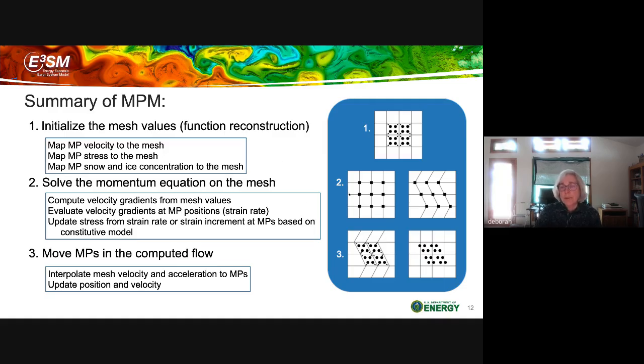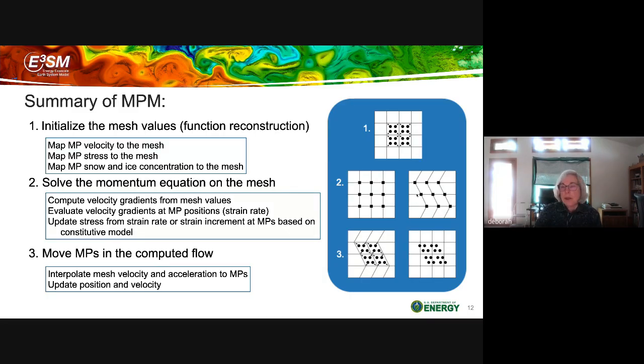Then in the second step, the mesh has the information that it needs for its solver, so we can ignore the material points in this step. And so we imagine computing this solution in a Lagrangian frame so that the nodes of the mesh are moving in the flow.